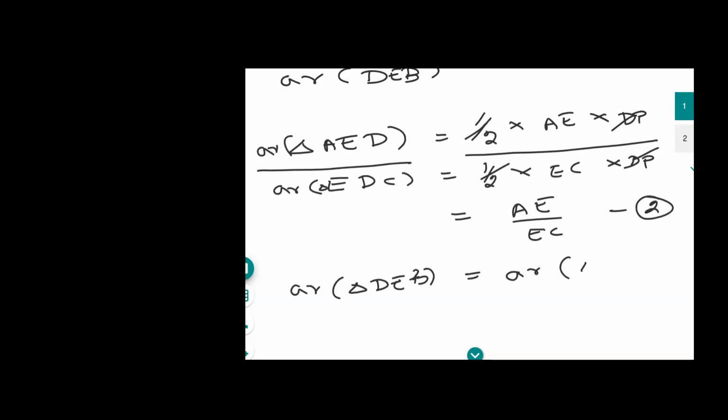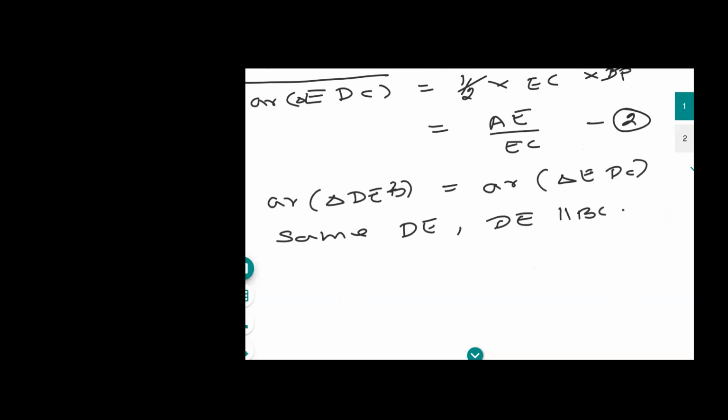This is because they lie on the same base DE and between the same parallels, DE parallel to BC. Hence, their areas are equal.